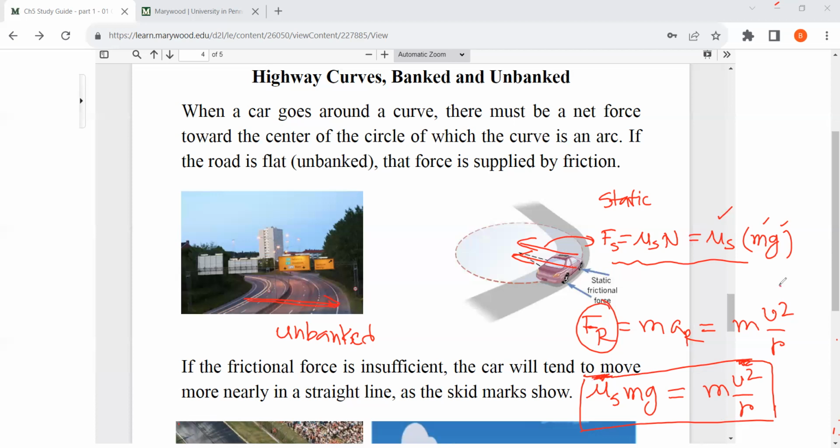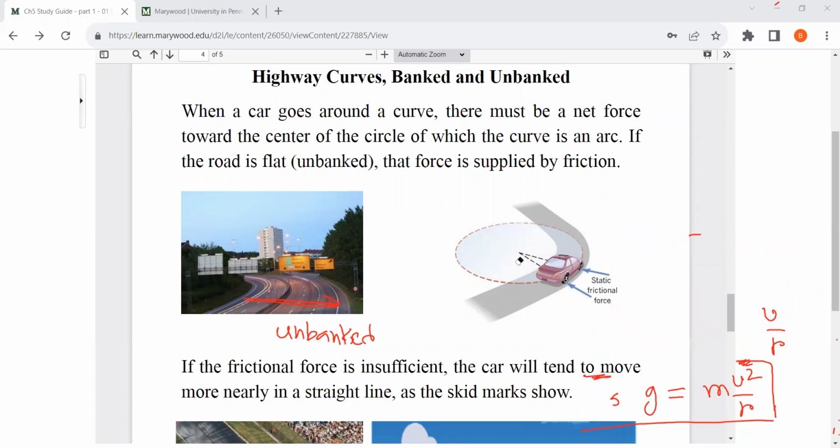The definition of centripetal force is this, and the definition of static friction is this. By combining these two, we can solve any unbanked highway turn problem. We'll see some in the problem solving lecture.